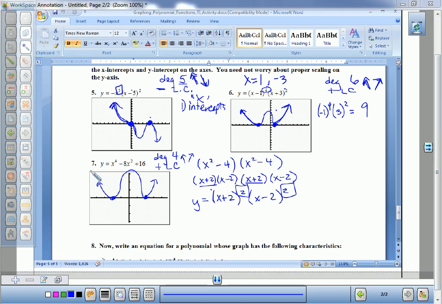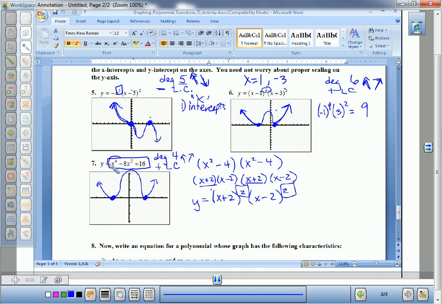Now, number 7 was not in factored form, but you can factor this. Okay? This is a perfect square trinomial, which we can write as the binomial squared. And if we break it down, this is what we have. We have 2 of the x plus 2's and 2 of the x minus 2's. So this is how we would write it. So we'll plot an x-intercept at -2, an x-intercept at +2.